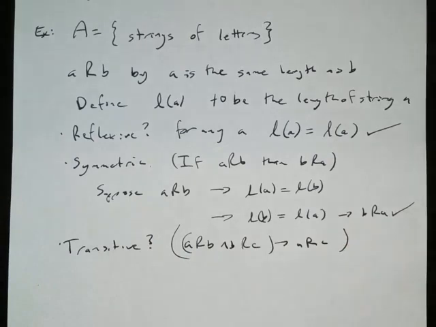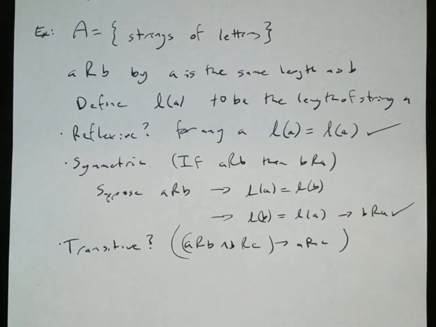If A is related to B, then what do we know about the lengths? What is equal? Careful, careful. A and B could be any strings. Do they have to be the same string? But they have to have the same length.